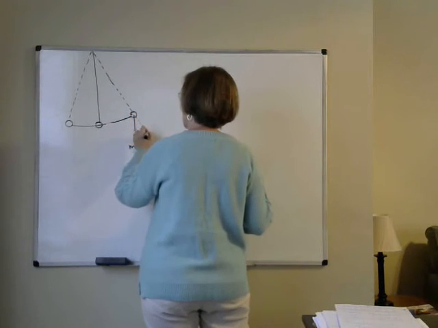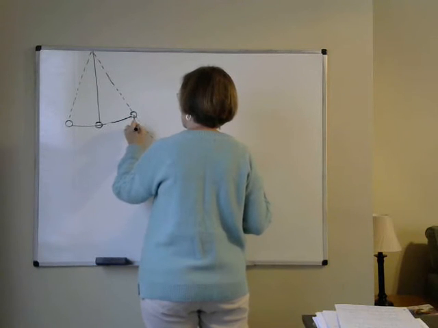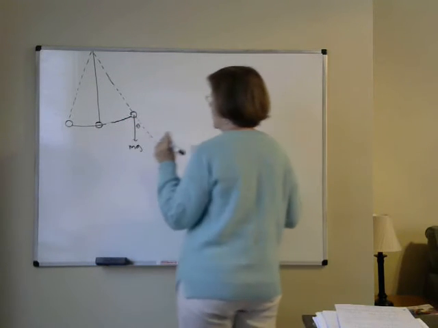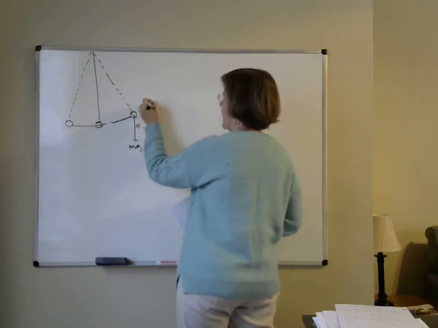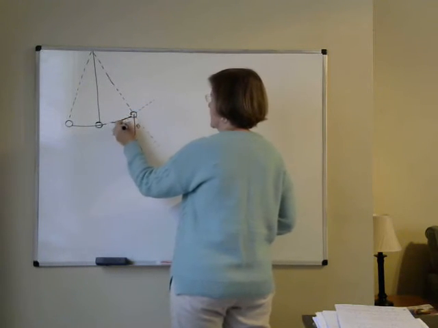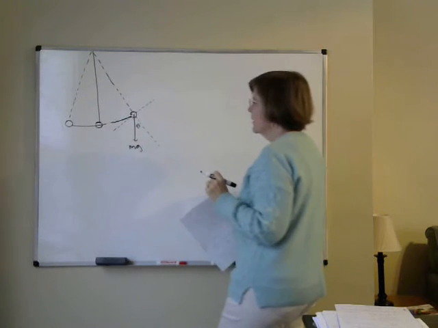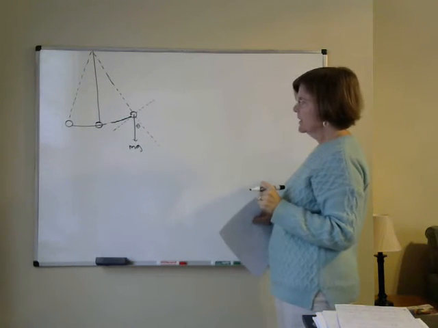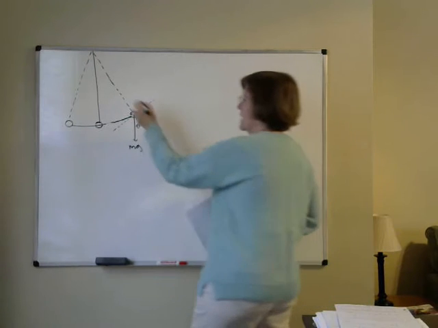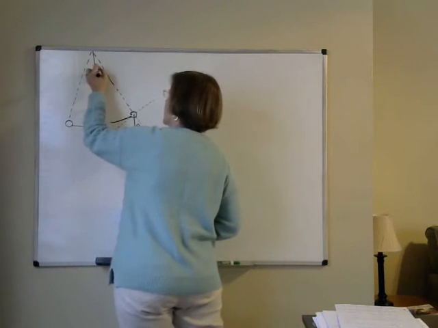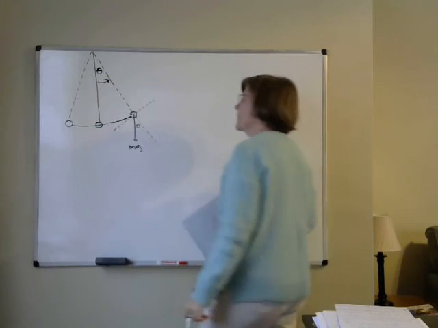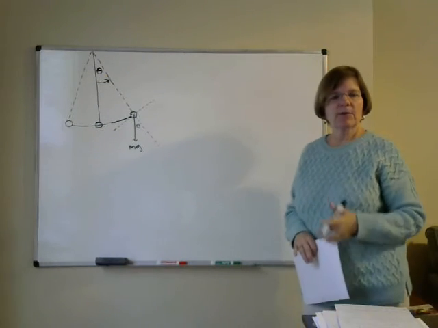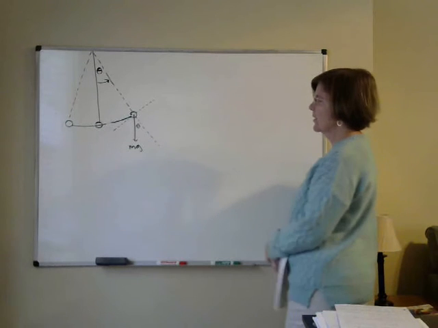Let's extend this line. There's theta. Some portion of the gravity, if we make our XY axis look like this, the part of gravity that is along this line. Theta is the maximum, that's the angular displacement or the amplitude. How far did we pull it over?